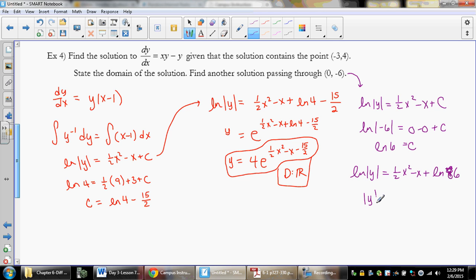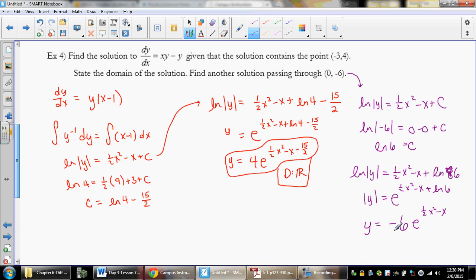Absolute value of y equals, nope, equals e to the 1 half x squared minus x plus ln 6. Did I use the absolute value? Yes, I did. So if the answer to that question was yes, you have to negate this side. Where'd the 6 come from?